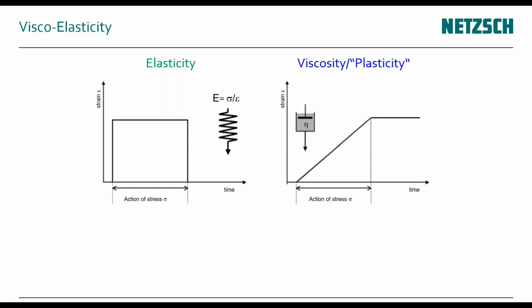On the other hand, there's something that is maybe a little more strange. That is viscosity, or let's say, to get a better feeling about it, plasticity. What happens? There are parts of your material that react like a dashpot. You see this unit displayed here with some viscosity, and what happens if you apply a stress on it?